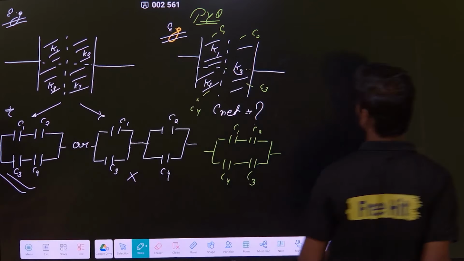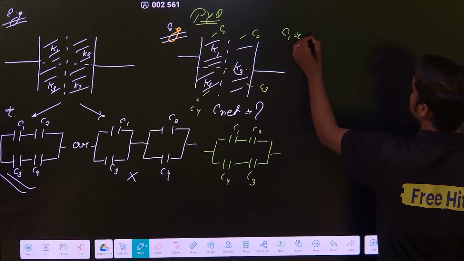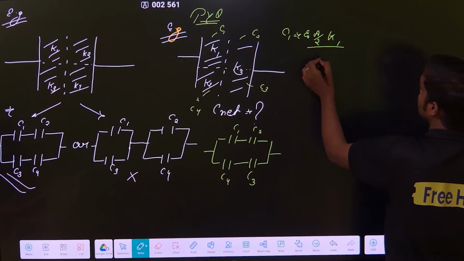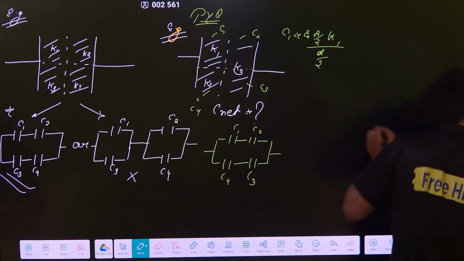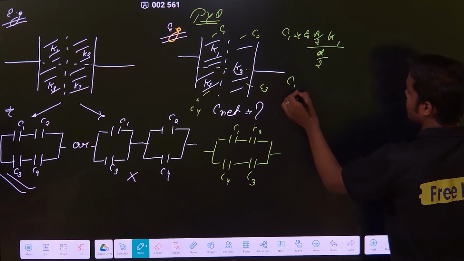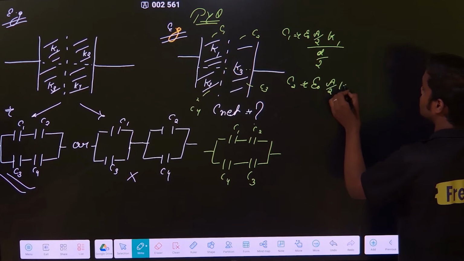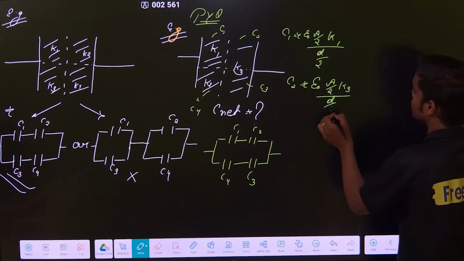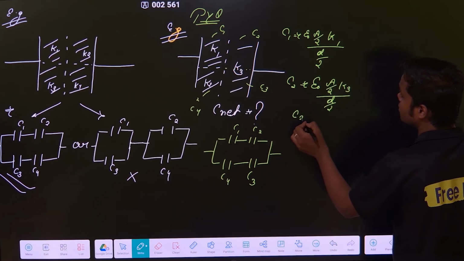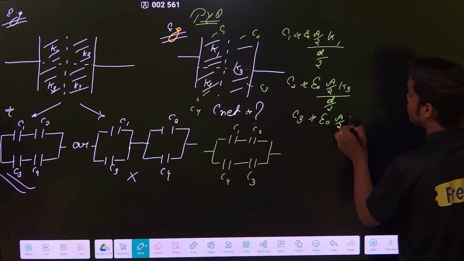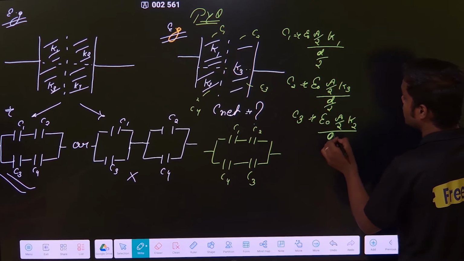Meaning what I will write: my C1 will be how much? C1 will be epsilon naught A by 2 into K1 divided by D by 2. Then my C2 will be epsilon naught A by 2 K3 divided by D by 2. Similarly, my C3 will be epsilon naught A by 2, that is K2, divided by D by 2.